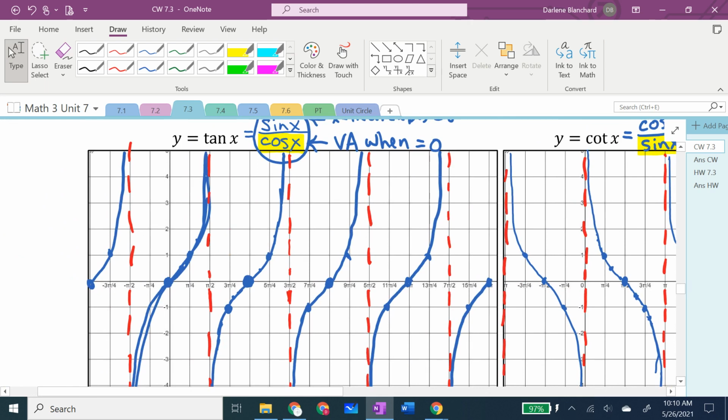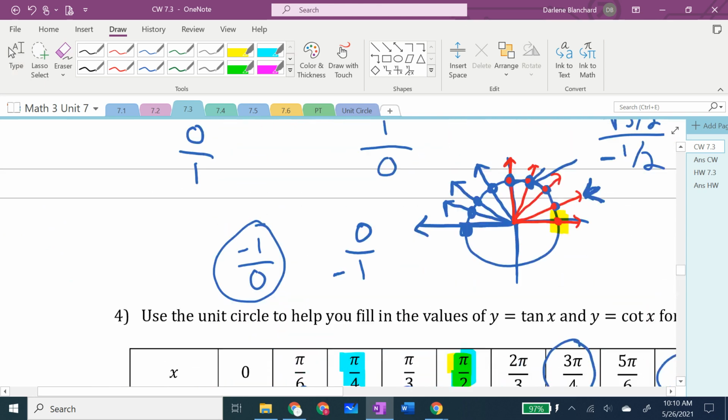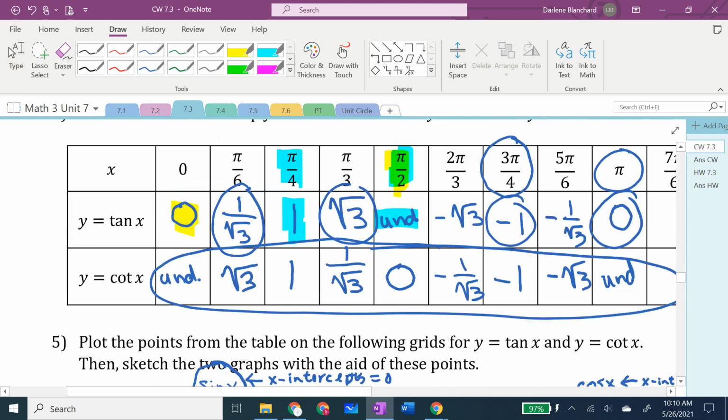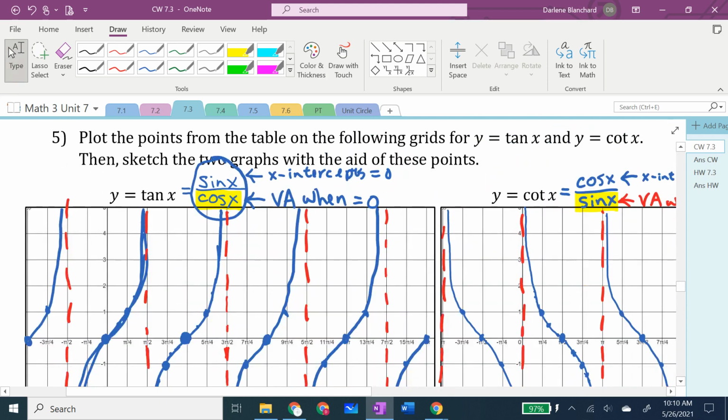One trick that I want to let you know about: your trig functions are positive when you're in quadrant 1. Quadrant 1 is when you are working between 0 and pi over 2. You have only positive values for your trig functions.